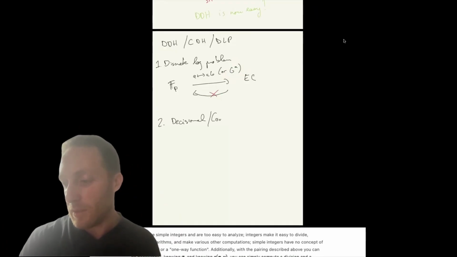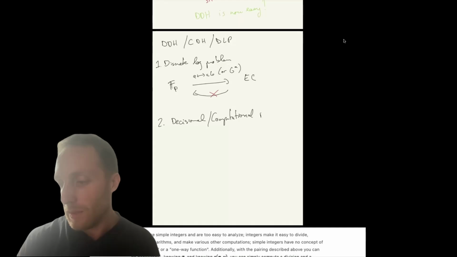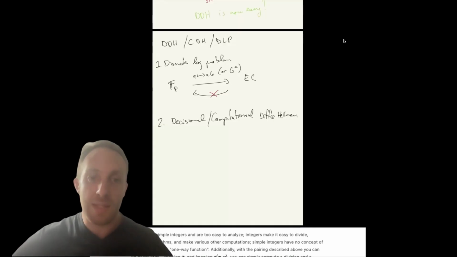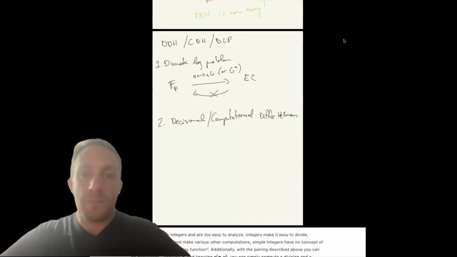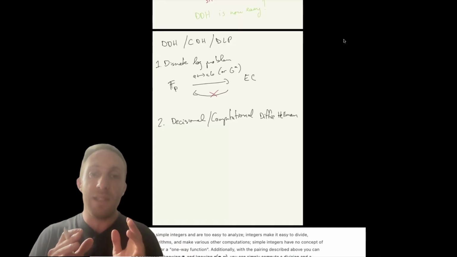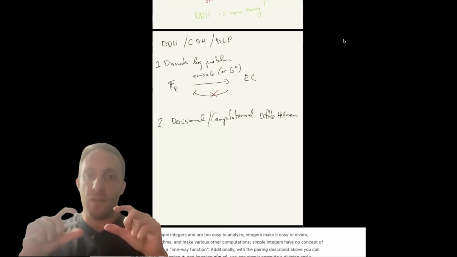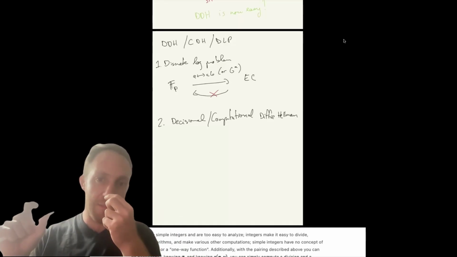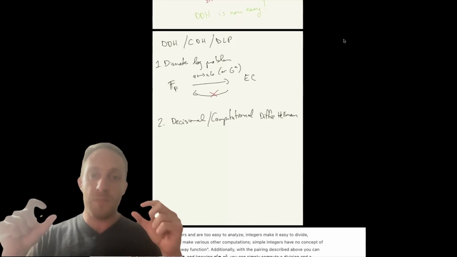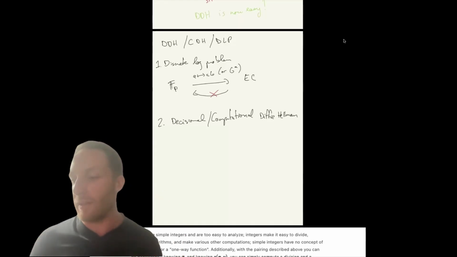Now we'll look at the decisional and the computational Diffie-Hellman. Remember that the Diffie-Hellman key exchange was basically how we get two people talking over an insecure channel to agree on a secret without anyone else being able to figure out that secret.